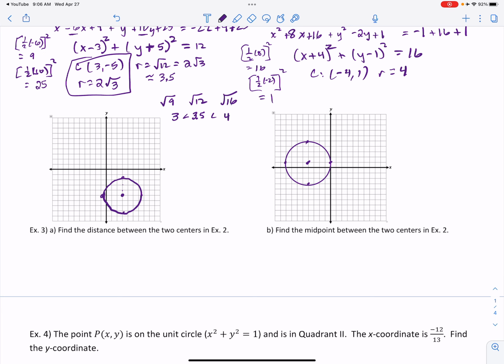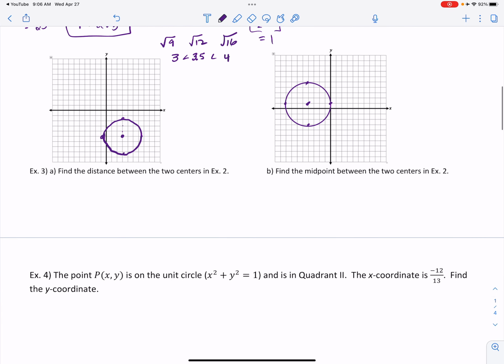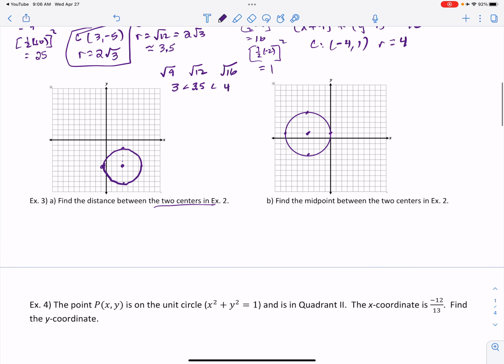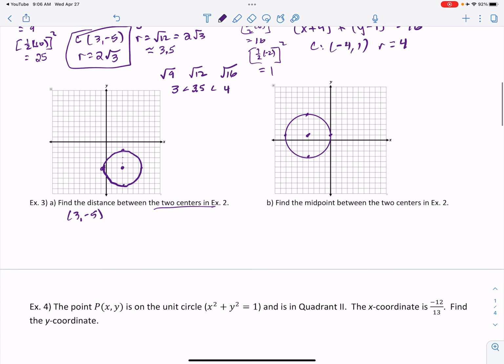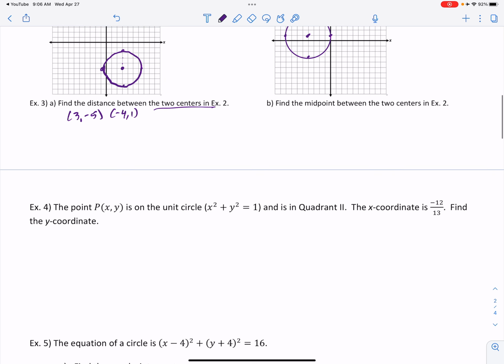And moving on then, find the distance between the two centers in example 2. Well, the two centers are (3, -5) and (-4, 1). And I expect that you're proficient at the distance formula. The distance formula was on yesterday's homework on the parabola, so you can look at that if you don't remember it, but you are expected to know it and be able to use it.